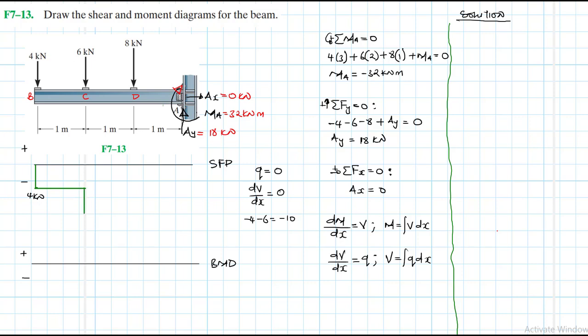Let's imagine maybe 10 is somewhere there. Okay, so let's say this is our 10 kilonewtons. And then from C to D, q again is equal to 0. There is no distributed force there, therefore our slope is also going to be 0. So we'll have a straight line like this.